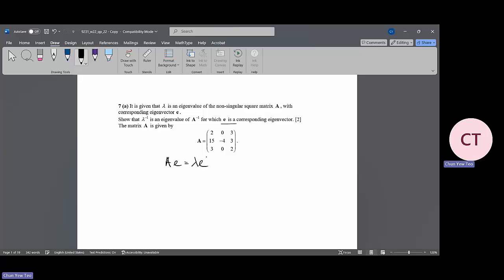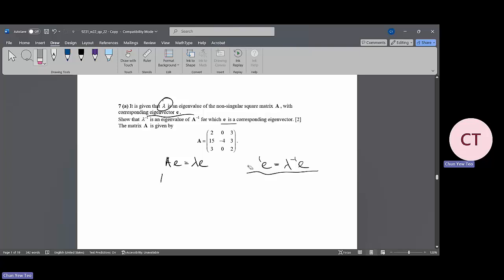This one, nothing wrong because we already know that E is an eigenvector with the corresponding value of lambda. So this one will be fulfilled. This one is given, so nothing to argue. What you need to do is show that this is equal to this. We want to show this.